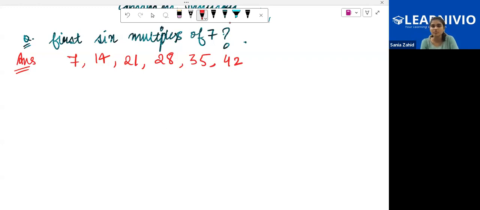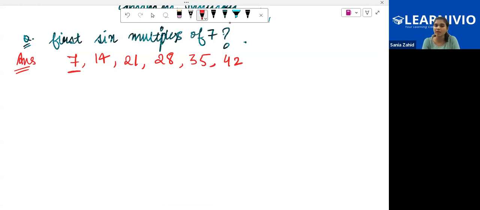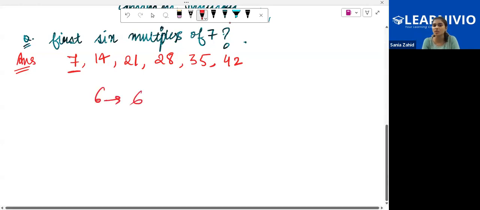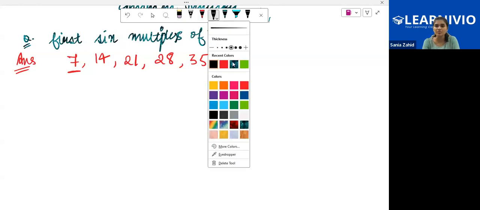You have to start from the very first one. See, 7 is the first multiple of itself. For any number, the number itself is its first multiple. Like for 6, the first multiple is 6 only. Like for 1, the first multiple is 1 only. So whenever you've been asked to write the first multiples, you have to start from the number itself. Clear? Okay.